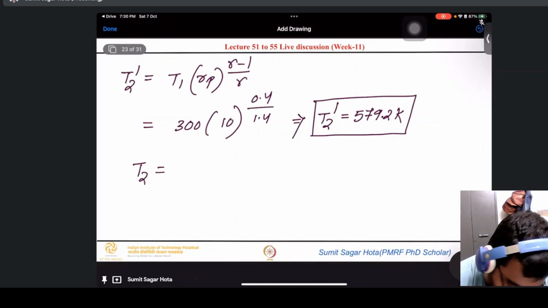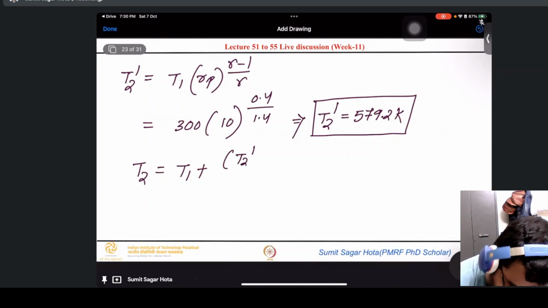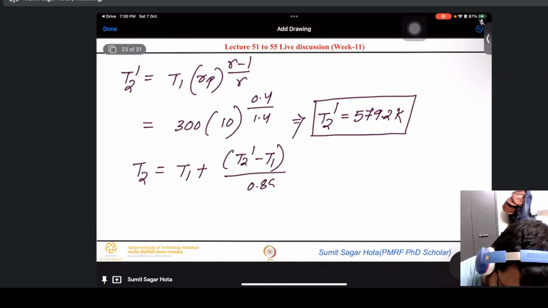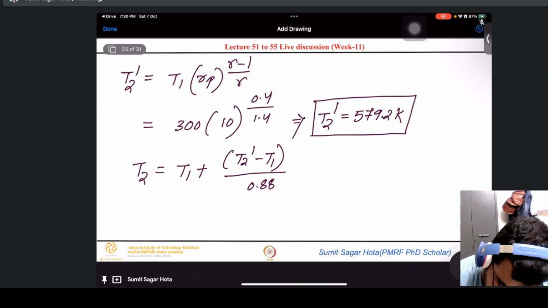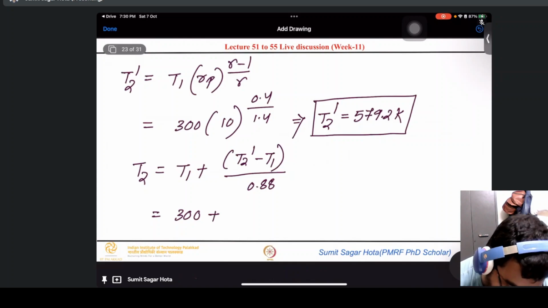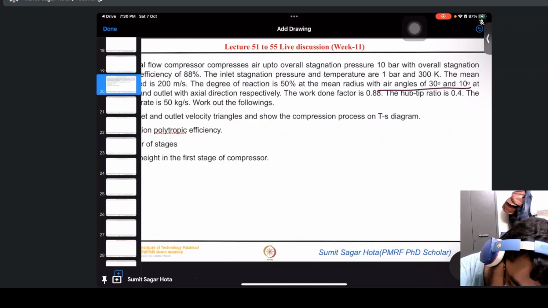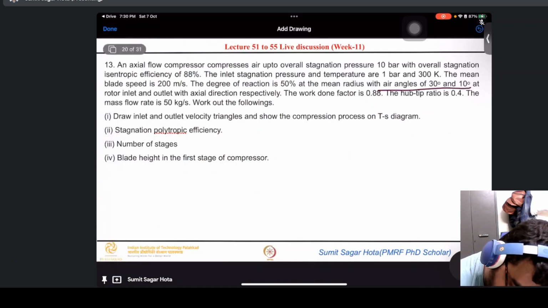So T2 equal to T1 plus T2 dash minus T1 divided by 0.88. What is T1? 300. T2 dash we now found out 579.2. Where is T1 written? Here it's written: the inlet stagnation pressure and temperature are 1 bar and 300 Kelvin.